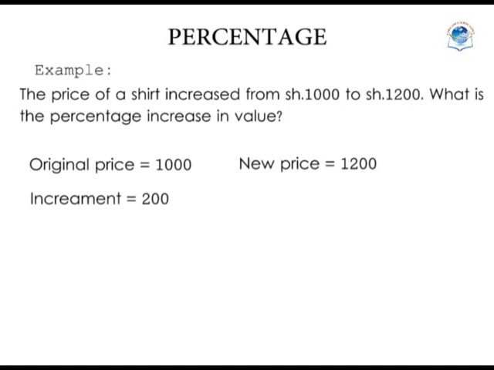That gives us 200 shillings. So we express the increase in price as a fraction of the old price. That is 200 over 1,000. And to make it percentage, we multiply by 100. And that gives us 20%. So the price increase of 200 shillings is equivalent to 20% of the original price.